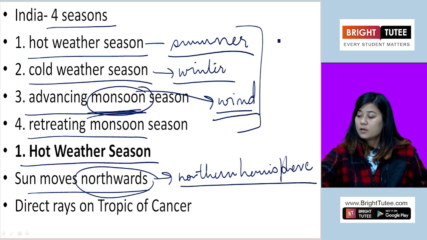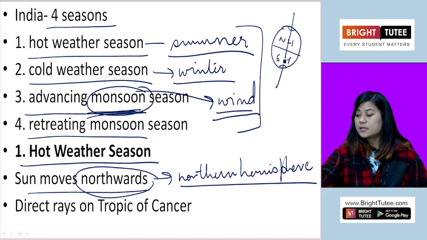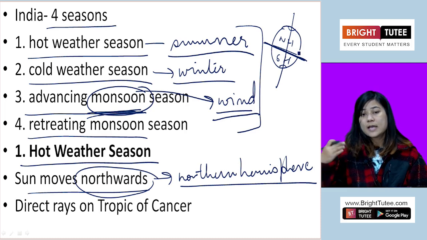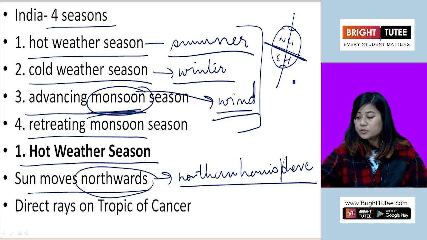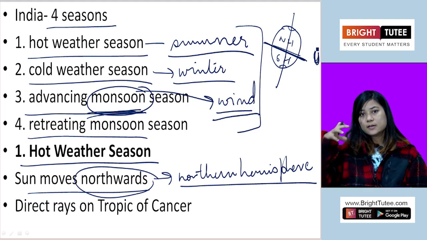So if this is the earth, this is the North Pole, South Pole, and equator. This is the northern hemisphere and here is the southern hemisphere. The equator divides the earth into two halves, northern and southern. During the summer, the sun is in the same position.